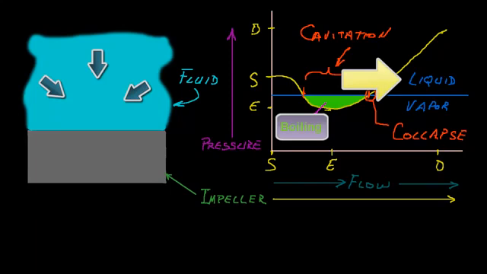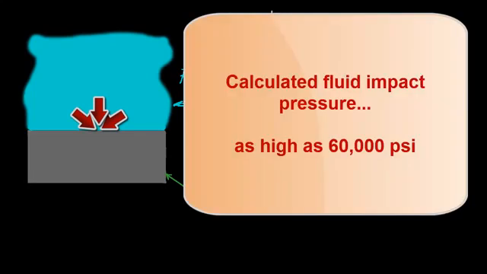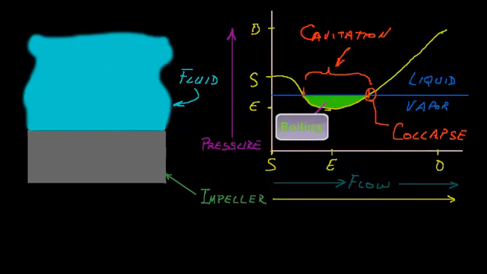The collapsing gas bubble results in a high-velocity, localized fluid impact shock wave on the surface of the part. By some estimates, that fluid impact pressure is calculated to be as high as 60,000 psi. Pressures in that range are capable of plastically deforming some metals.